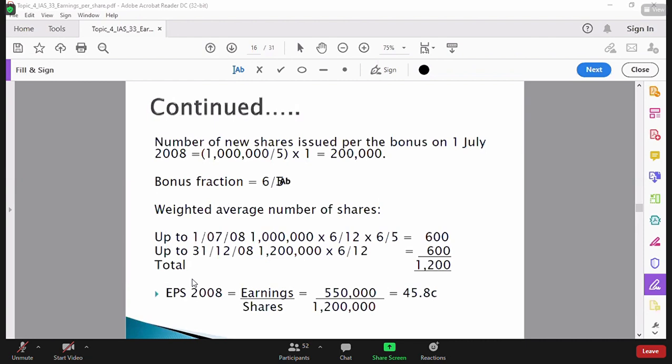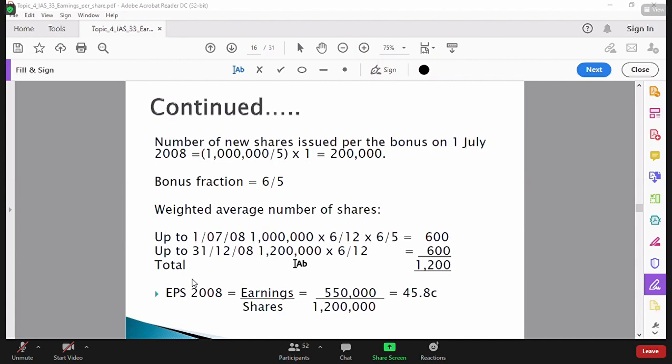So, as at 31st December 2008, you have 1,200 million, and this is including the bonus issue. But here you do not need to apply the bonus fraction again, because it is stated that at the end of the year, the number of shares is 1,200. Then multiply with 6/12.